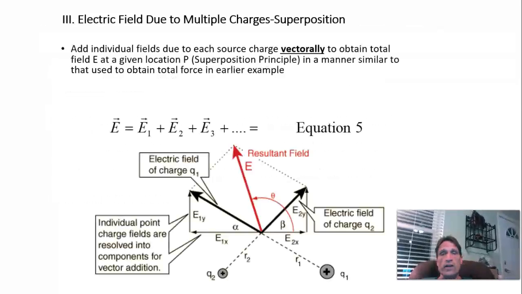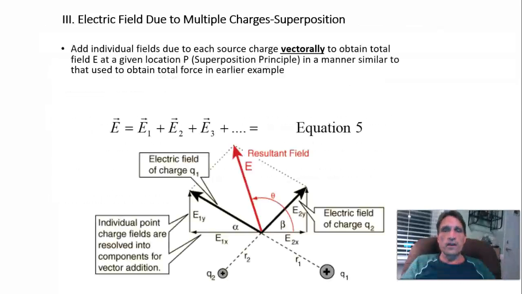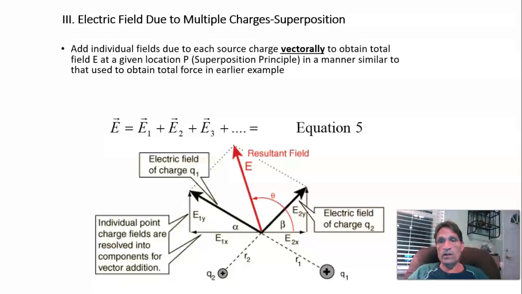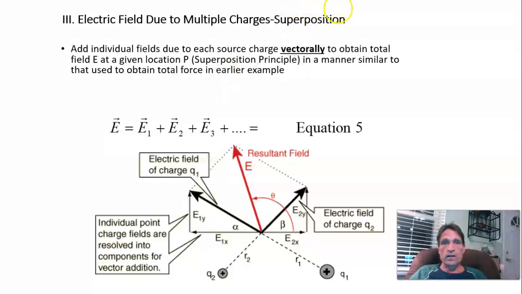So we calculated the electric field for a single charge. What happens if we have more than one charge? Well, in principle, it's easy. Suppose we have 3 source charges. We would calculate the electric field at a given point due to charge 1 only, and then draw a vector.